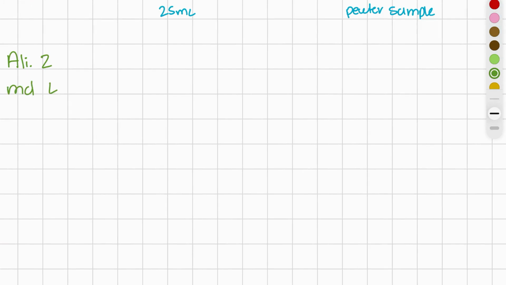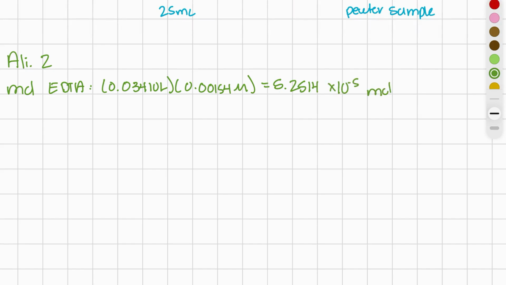So here, I'm going to do 0.03410 liters times that concentration.